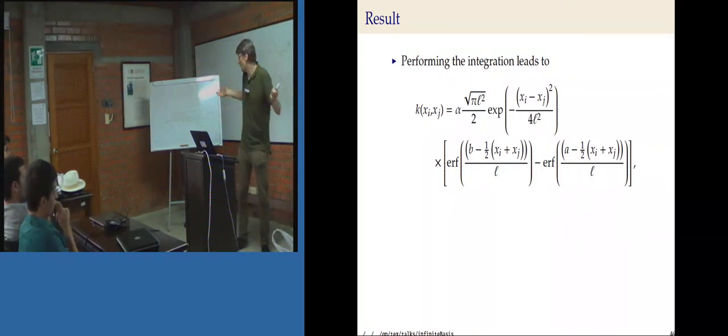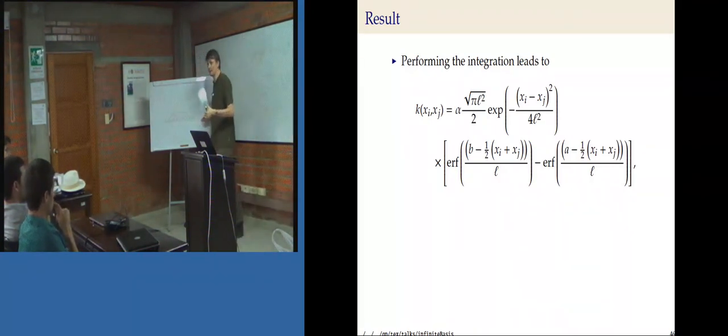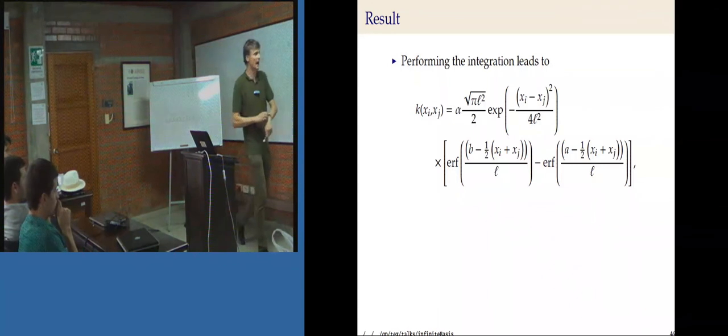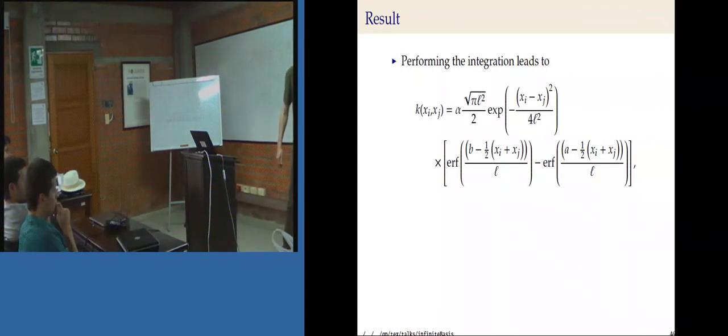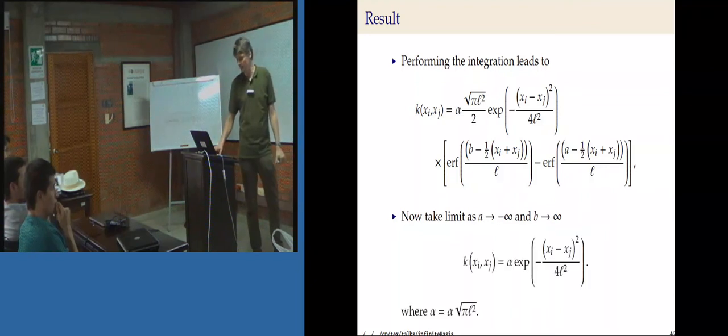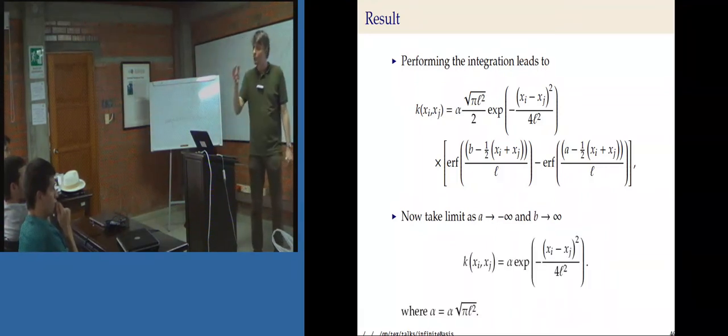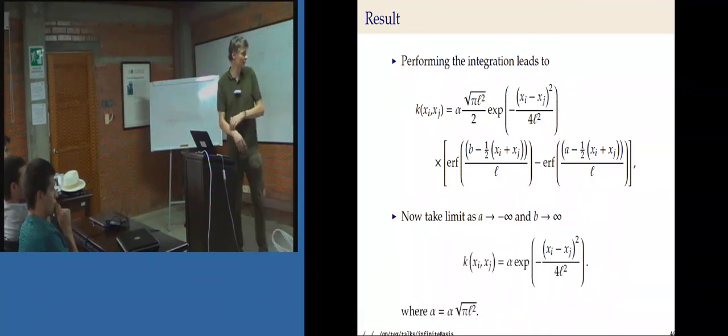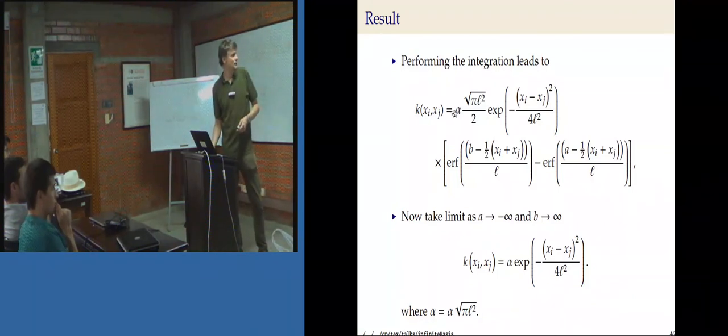But we've got infinite basis functions in the middle already, so why don't we increase the limits a and b to minus infinity and infinity? If you do that, these terms just go to 1. So if we take the limit of a and b going to minus infinity and infinity, we recover this. Sorry, I'm missing something, that should be alpha prime.